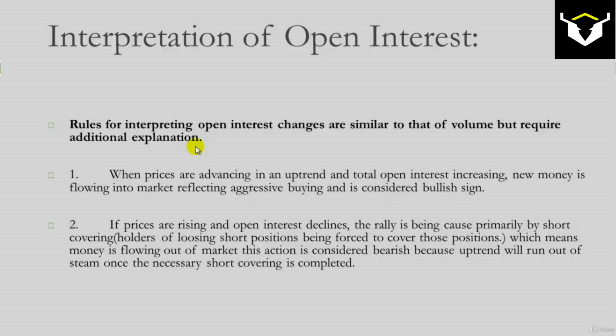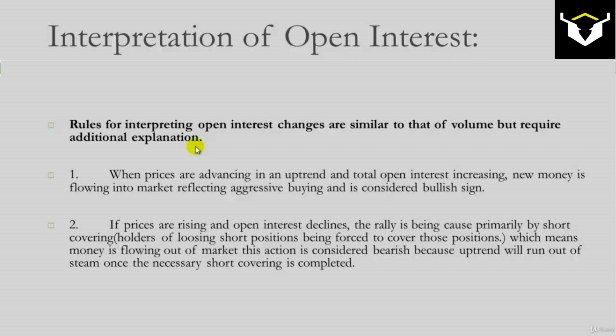So when prices are advancing in an uptrend and total open interest increases, new money is flowing in. More and more traders are buying into the stock or creating new positions. Hence, open interest is increasing, which is a bullish sign and reflects aggressive buying.